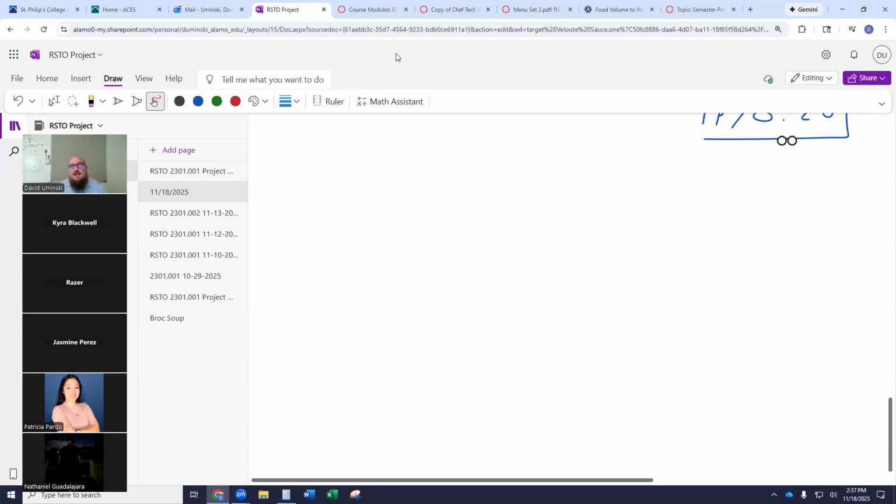That's what you're going to put in as the cost for the final calculations page. Okay, so the per portion. Yeah, because you're finding out what one serving of the menu set costs. Okay, got it. Repeat that again? The final calculations, whatever that per portion cost is, that last answer, that's what you're going to use to cost out your recipe, your menu set.